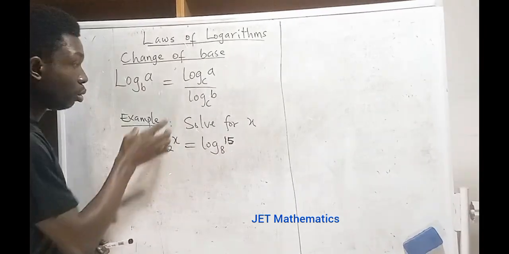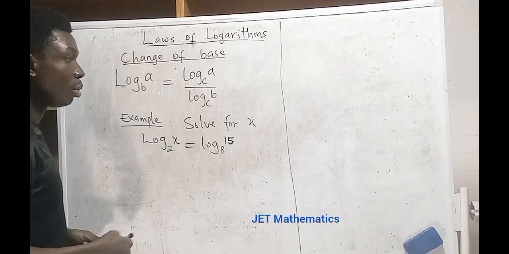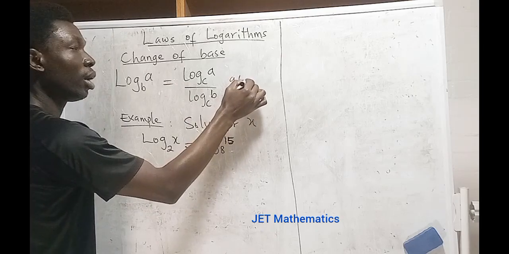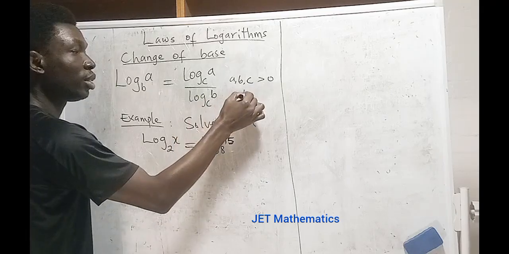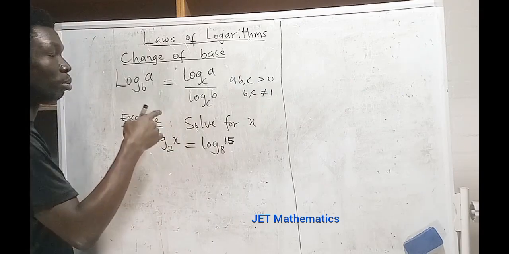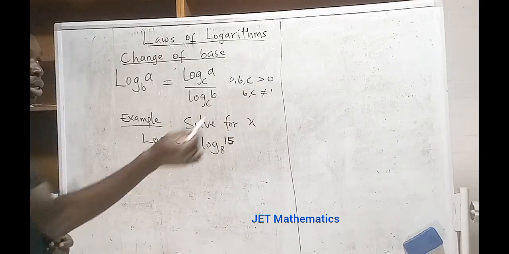So we'll apply this law now to solve this problem. But remember, your a, b, and c must be greater than 0, and b and c should not be equal to 1. They can be greater than 1.